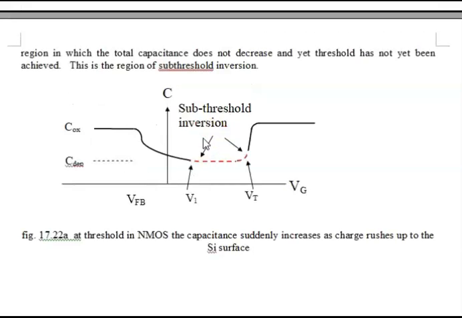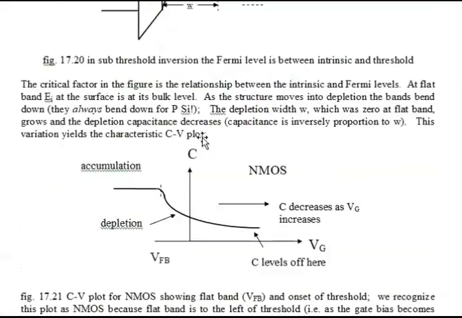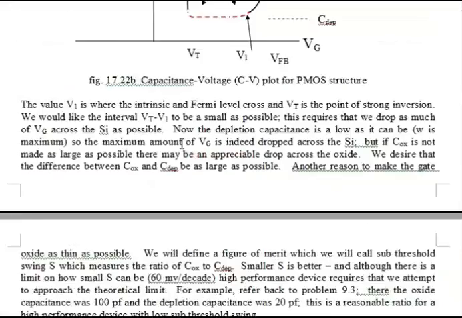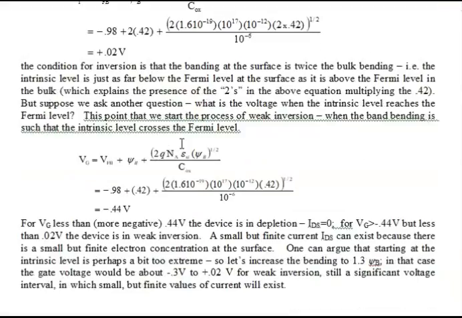Well, at that point, we know, or we should recall, that the intrinsic level just hits the Fermi level. So I want to know what happens when, and this is the condition, and this should be reasonable, that the band bending in the silicon is equal to not 2 times the bulk potential, but 1 times the bulk potential.